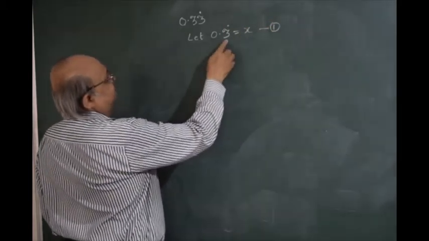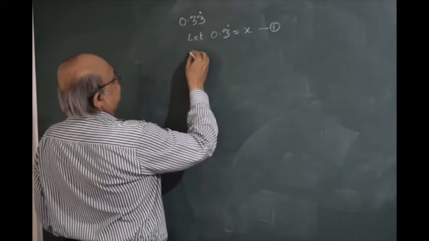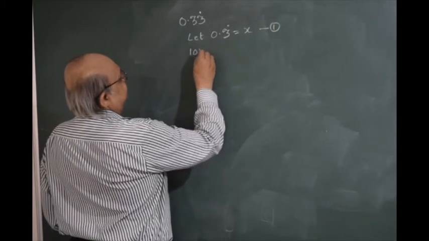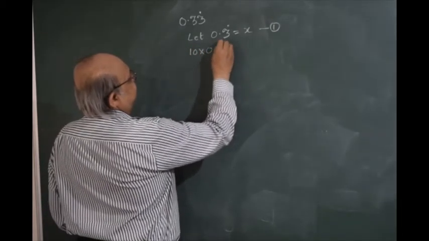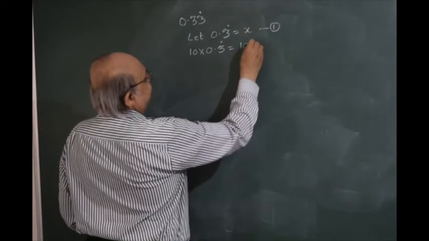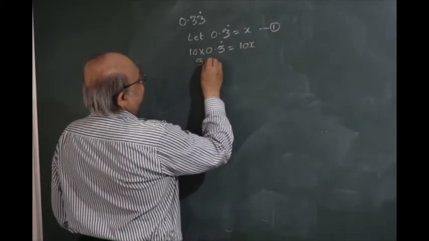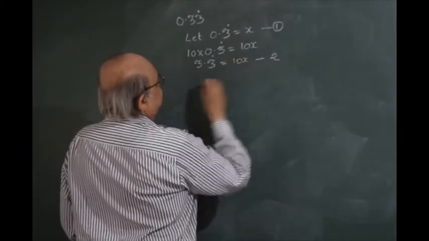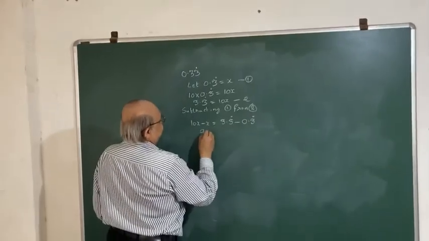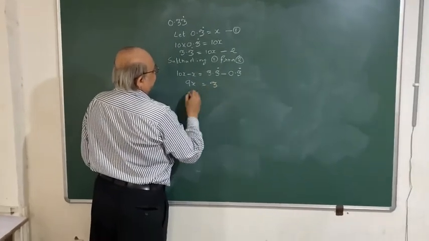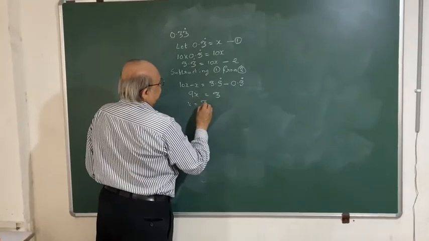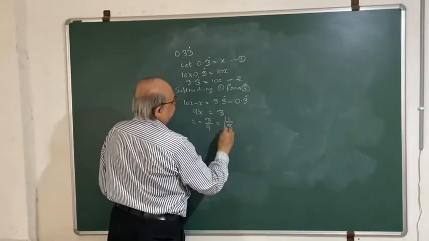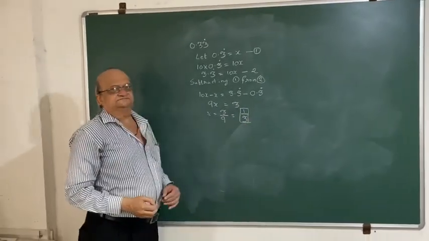We want to bring one decimal onto the left side of the decimal, and we say 10 into 0.3 recurring will be equal to 10x. 3.3 recurring will be equal to 10x, correct? Equation 2. Subtracting, we get 9x equal to 3, x equal to 3/9. On simplification we get 1/3.